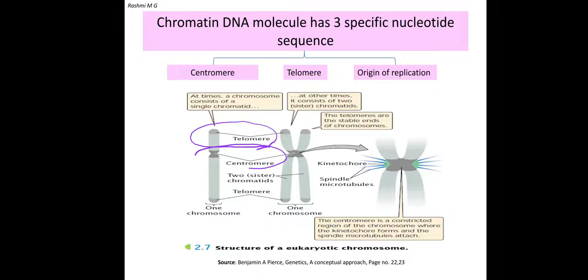Here centromere, it is at the center, and there is the ori region, that is origin of replication, from where the DNA replication starts. All these regions have a nucleotide sequence which is specific.